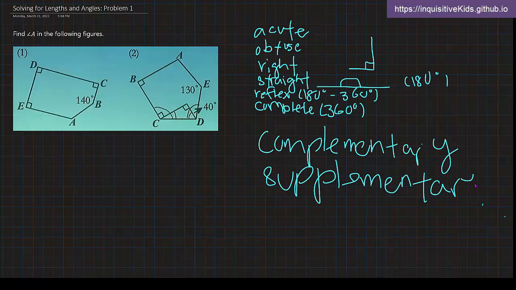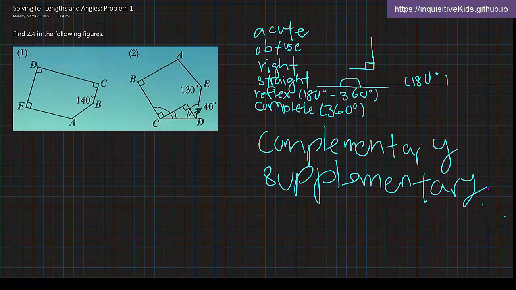I like to remember this as, they supply each other with more degrees to get to 180 degrees. So if angle 3 and 4 added together equals 180 degrees, I would say angle 3 and 4 are each other's supplementary angles. So these are always two pairs.